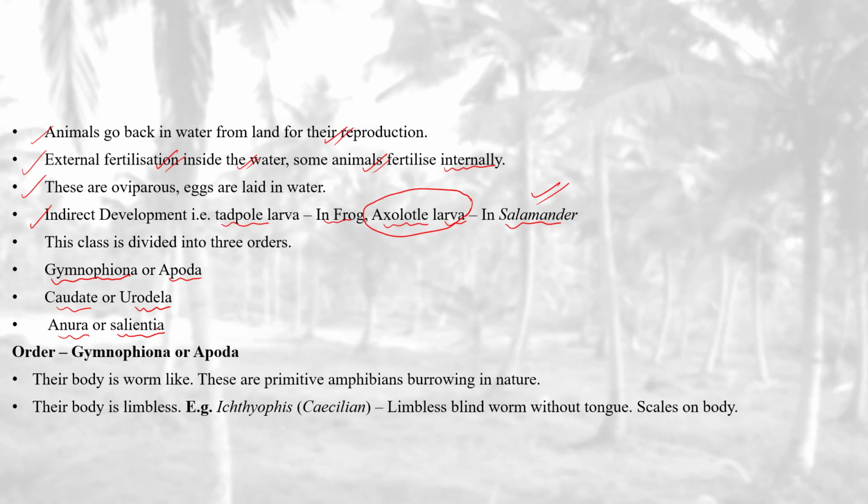Then they have a completely developed alimentary canal, in which the cloacal aperture receives all three openings: the alimentary canal, the genital duct, and the urinary duct. The skull is dicondylic, having two occipital condyles. So these were the different characteristic features of amphibians.